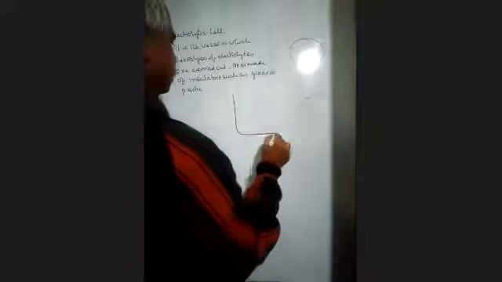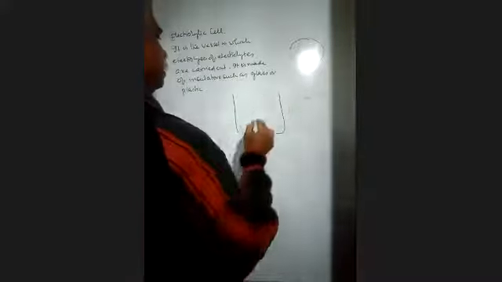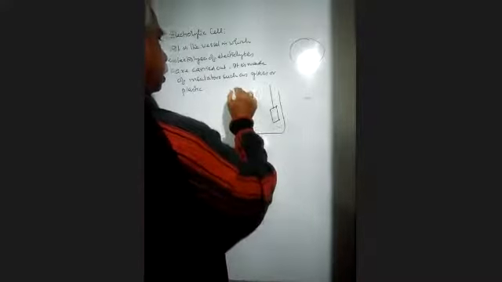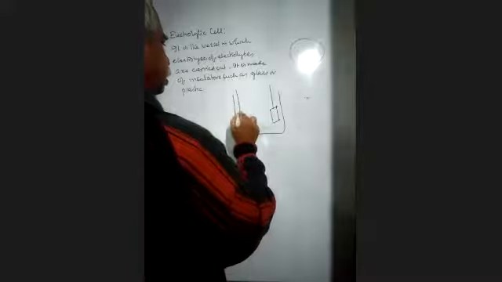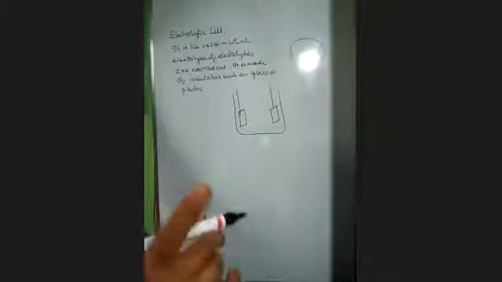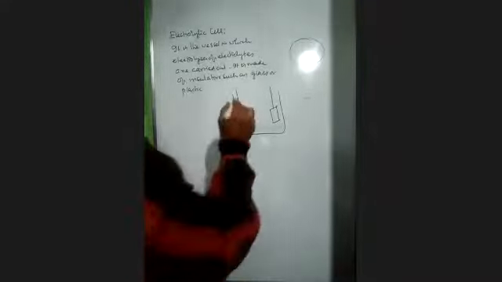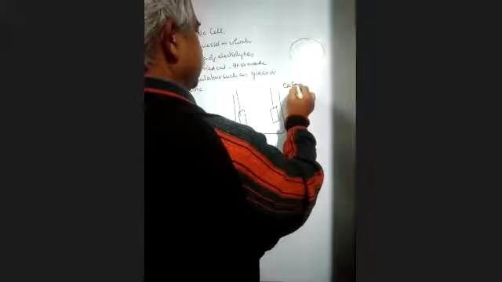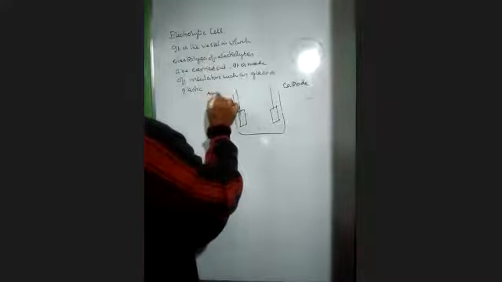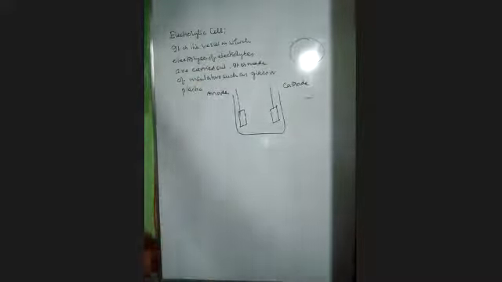This thing all of you know. See here. So it will have two electrodes. Always remember, by convention, the cathode should be on the right, and the anode should be on the left. All right.